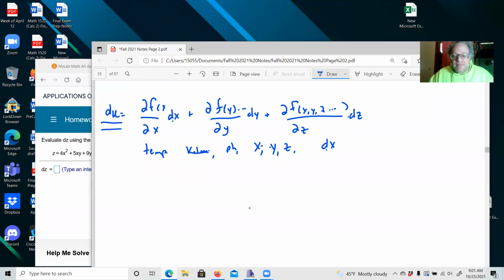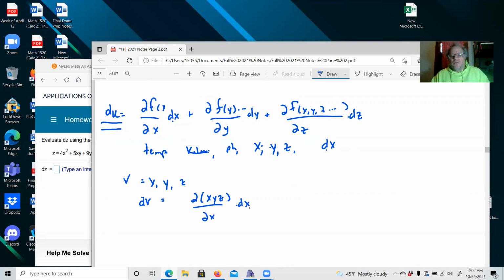Okay, so even if we're going to measure a box, right, we've got x, y, and z, that equals my volume. So if I wanted to figure out what's the total error in the box, we're going to need the partial of xyz with respect to x times dx.